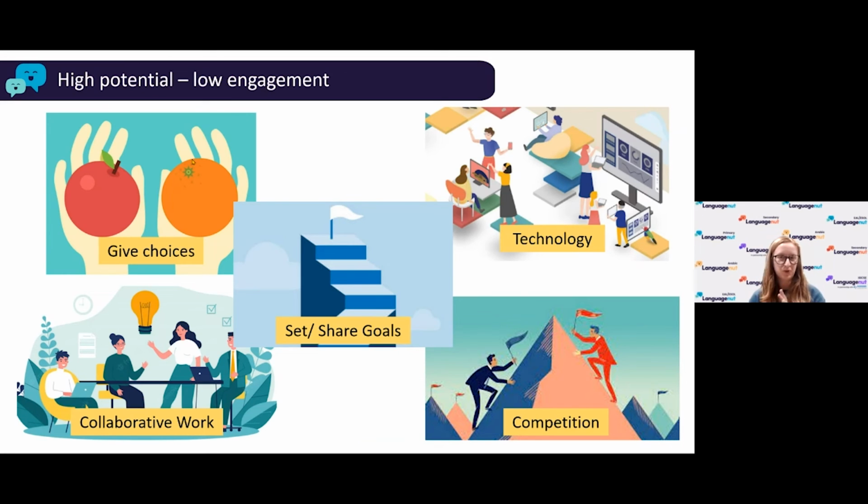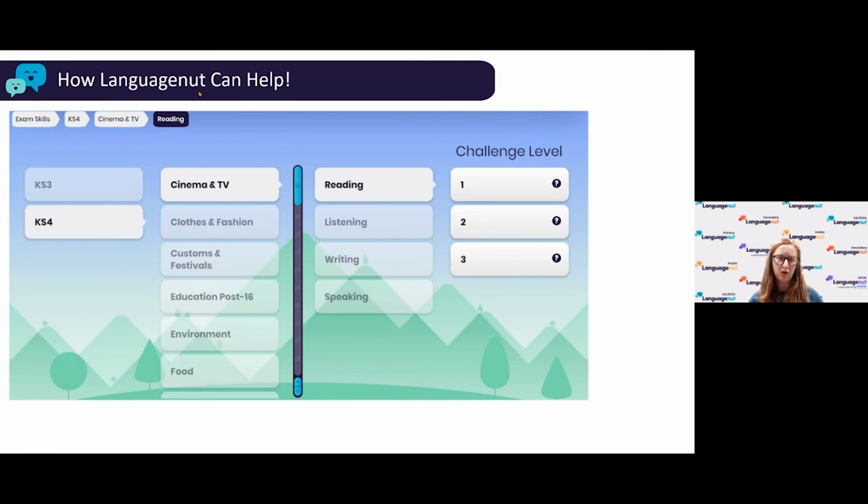And so in terms of wrapping up, before we do a quick Q&A, in terms of low engagement, one of the things we've done at Languagenut is try to really build engaging activities within our platform. As you've seen before, we've got different levels of challenge, so hopefully all levels can be stretched.